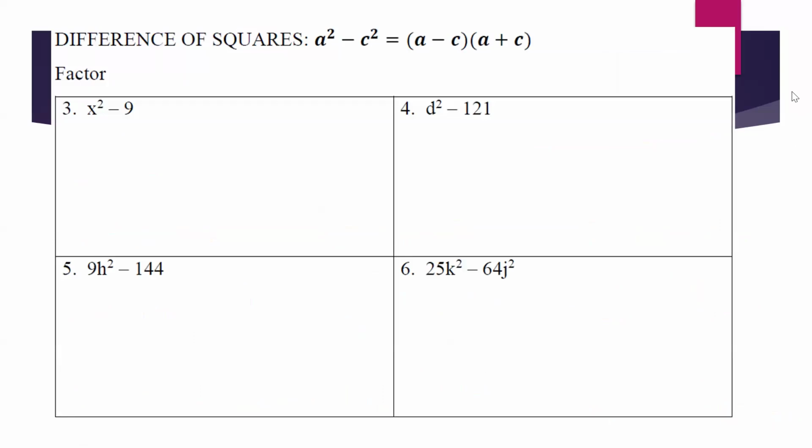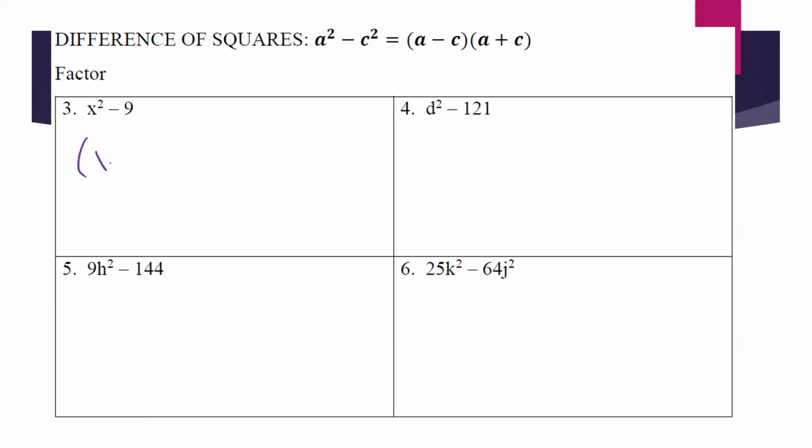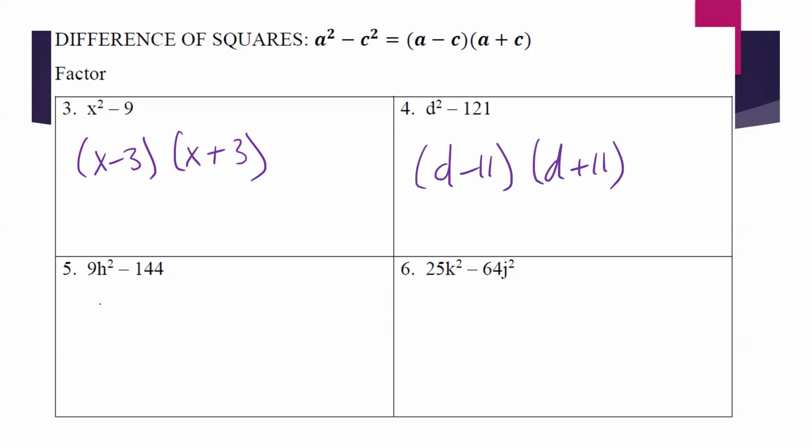Check with your neighbor. All right, so really check on the first one. What should we have? We should have x minus 3 and on the next one, 4. And perfect on 5.